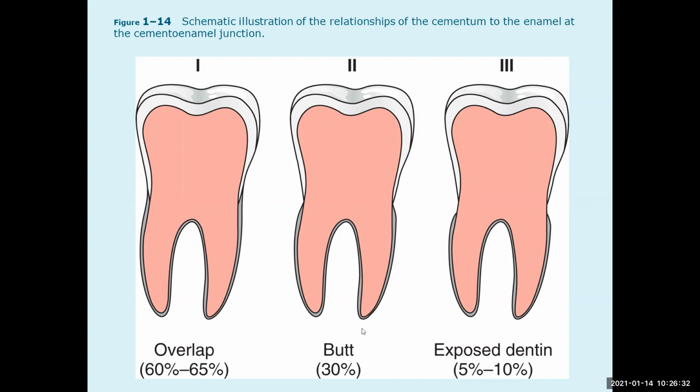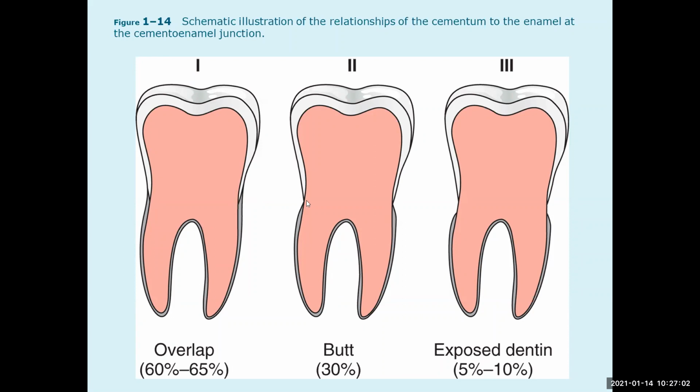Now we've seen this before too, and this is the percentages, and they reviewed this in the boards this last weekend as well, as far as where the CEJs fall, and it had this exact picture. Most of the time, the enamel and the cementum overlap a little bit at the CEJ, 60 to 65%.